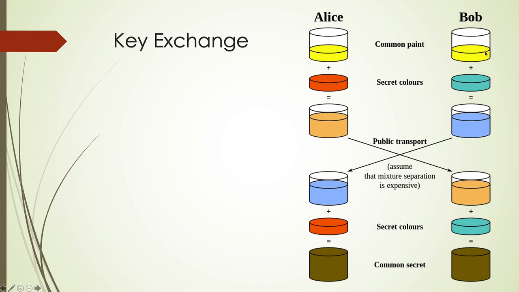Doesn't matter in what order you mix them. In this order or that order, you will get the same end result. But the end result wasn't exposed to any public transport. Only the intermediate results.